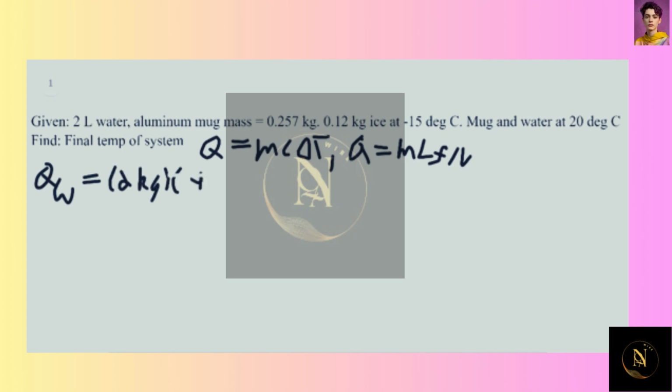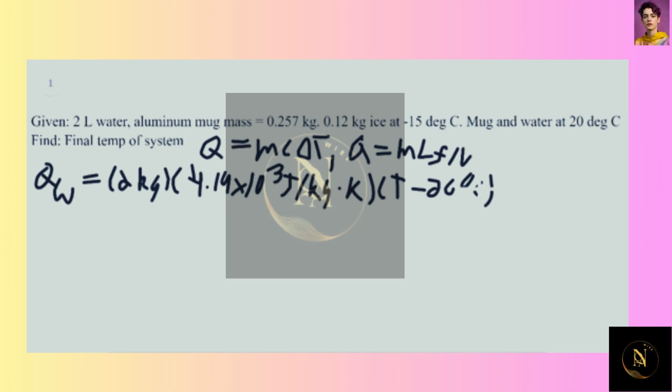C for water, 4.19 times 10 to the third joules per kilogram K, and then times our delta T. We don't know our final, so that's going to be a big T that all 3 are going to have in common, minus 20 degrees Celsius.